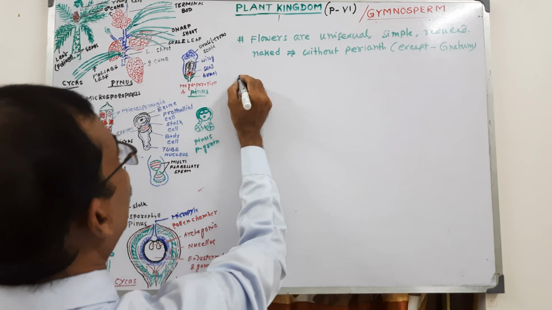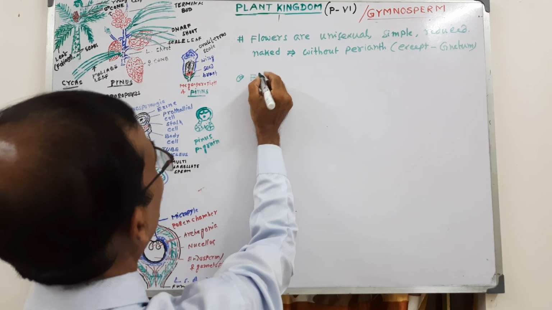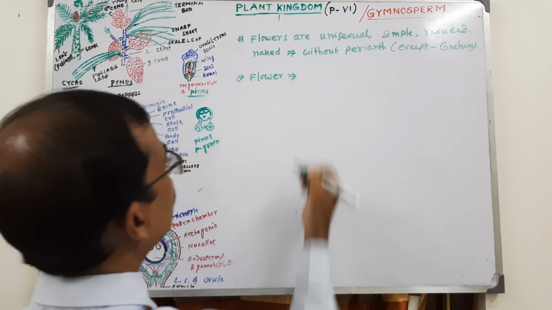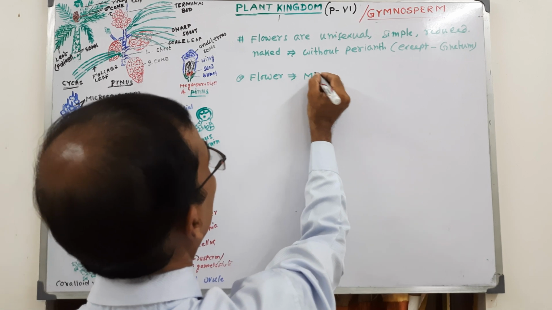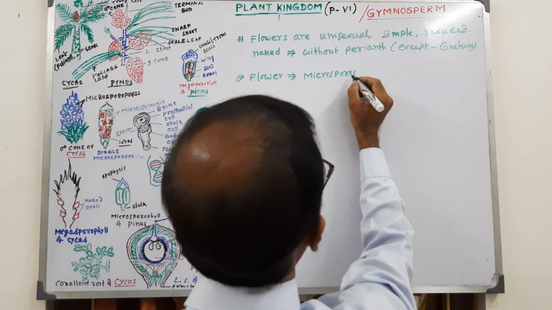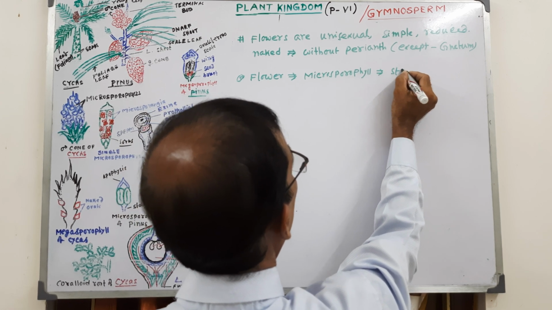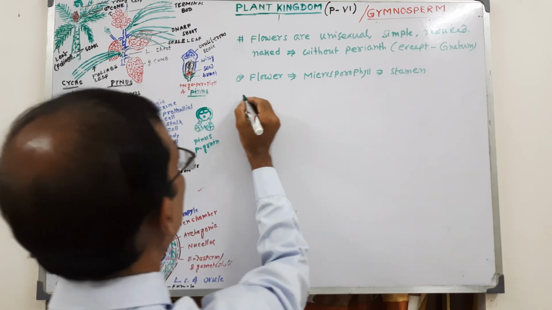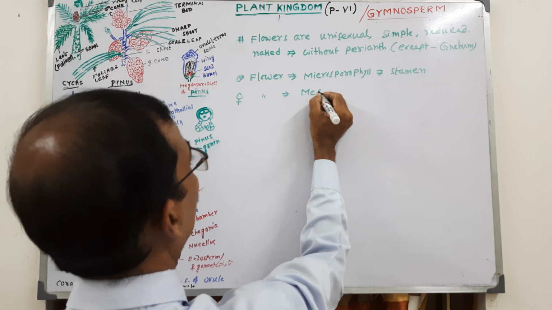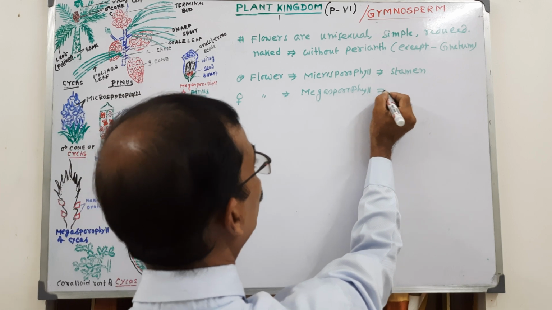As the flower is unisexual, there is a male flower and a female flower. The male flower is represented as microsporophyll, equivalent to stamen, and the female flower is represented as megasporophyll, equivalent to carpel.